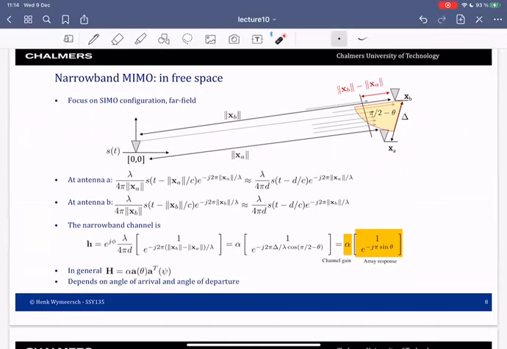And this then means that depending on the orientation of this receiver, there's a certain angle theta, and this is called the angle of arrival. Actually, this is not completely true. Let me carefully check this.